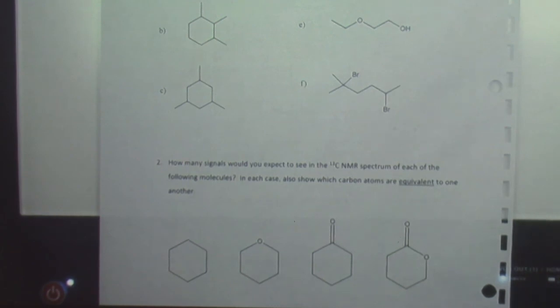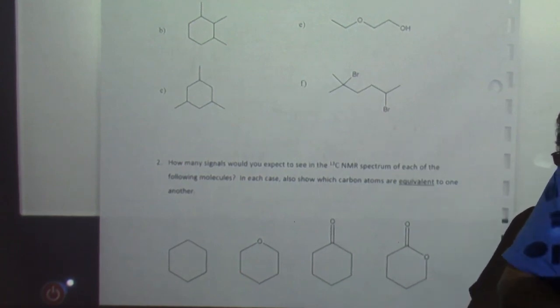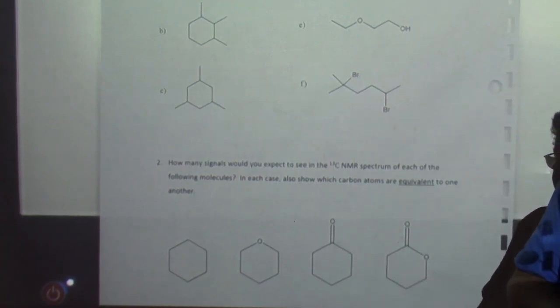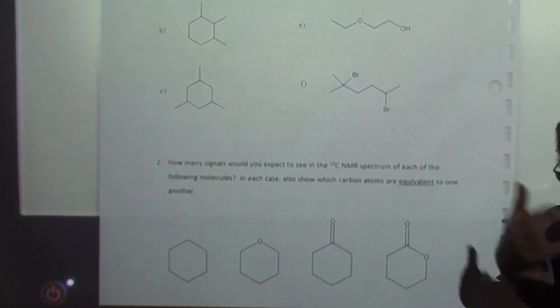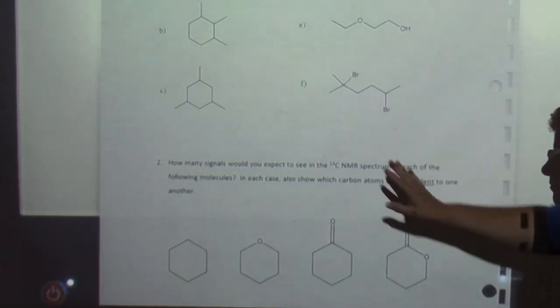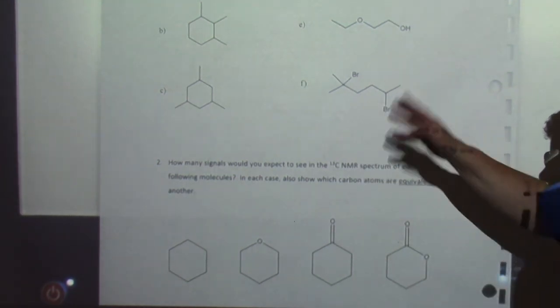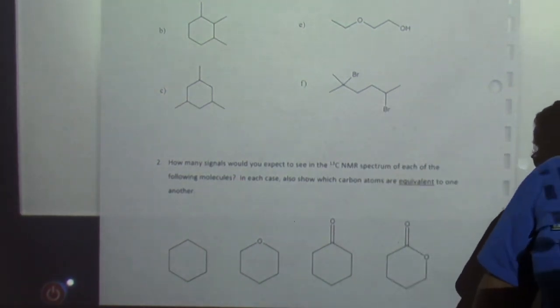That's your NMR assignment. That is due when you come to meet with me to actually use the NMR spectrometer. It's on your syllabus. And so I'll post this on Blackboard again for you, and then you can simply write out the answers that you need to write out.